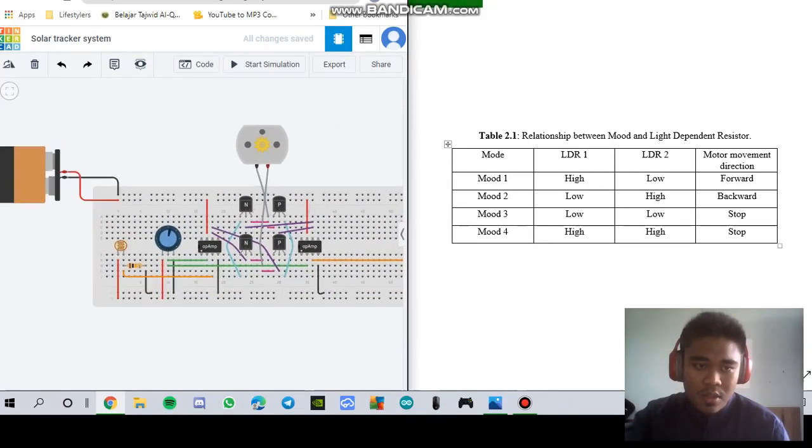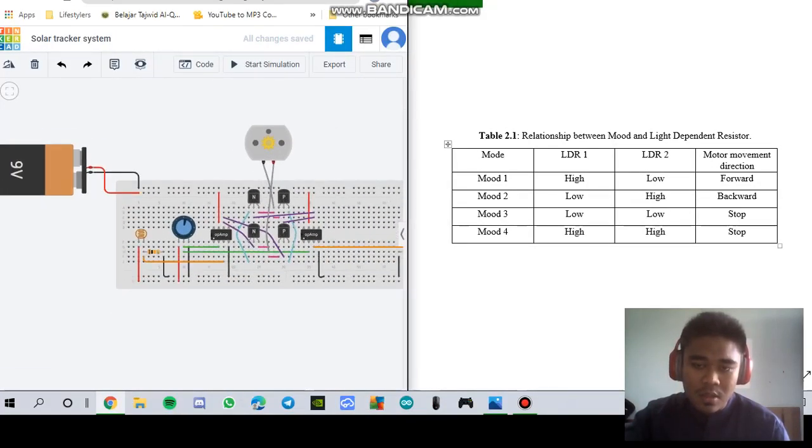To make it easier to understand, let's see the table. The table shows the relationship between the LDR and the motor movement direction. When the mode has LDR1 high and LDR2 low, which we label as mode 1, the motor movement direction will be forward.